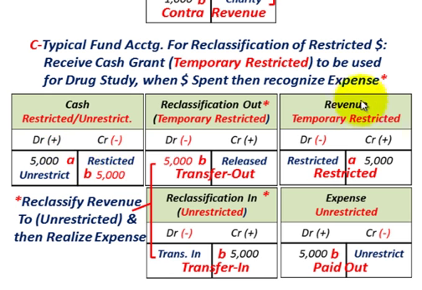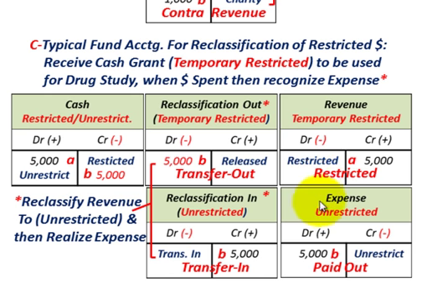And then we go over to revenue here, but we have to recognize it as revenue that's temporarily restricted. So you can't just spend this revenue, it's restricted specifically based on that drug study. So credit your revenue account here for $5,000. Again, restricted revenue.